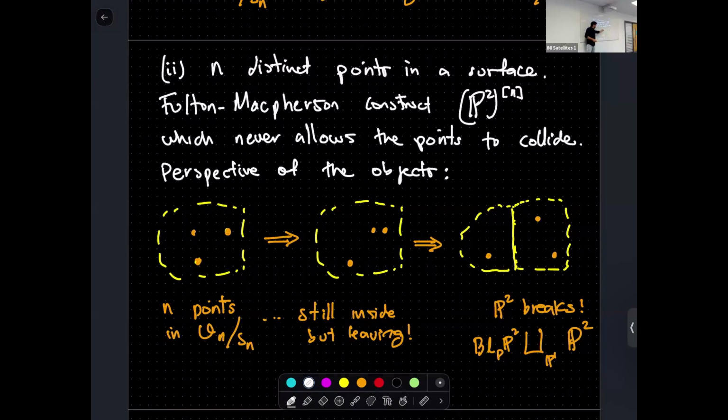You remove the point where they're going to collide and you attach a new variety so that you break the ambient space. They cannot be in the same room, essentially. You just put them apart, right? You break the space, and now you have points that do not collide, but you lose the fact that you are working with P2. You have a more general variety.